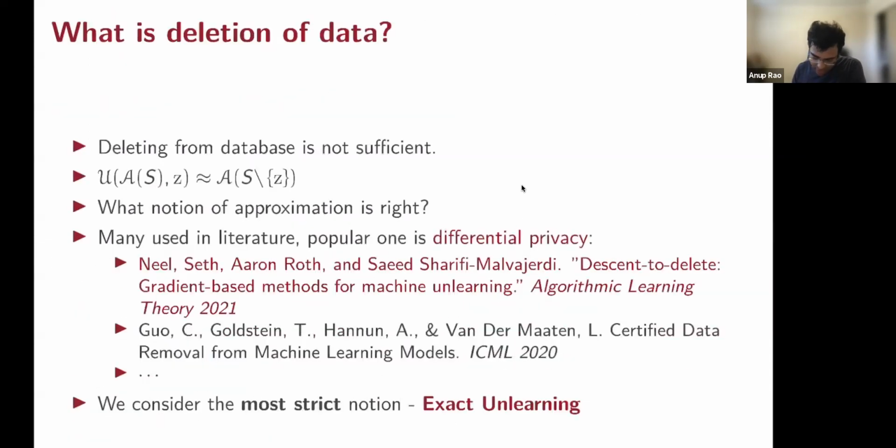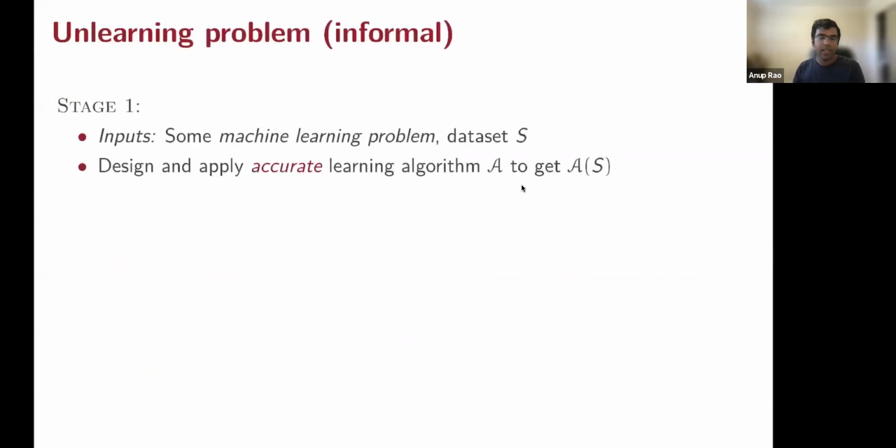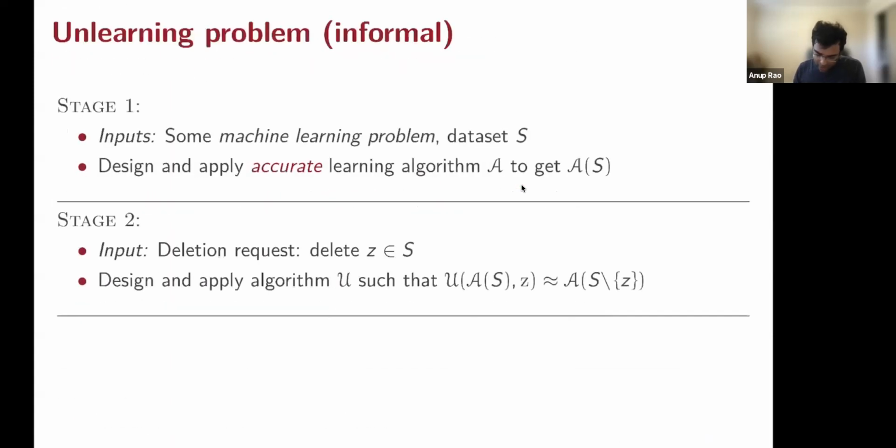What we are interested in here is a more strict notion. We want exact unlearning. Just to step back, our setup is split into three stages. In the first stage, we have some data set S, and we want to train a machine learning algorithm A on the data set S. In stage 2, we get a deletion request, a point Z to be deleted from our data set.